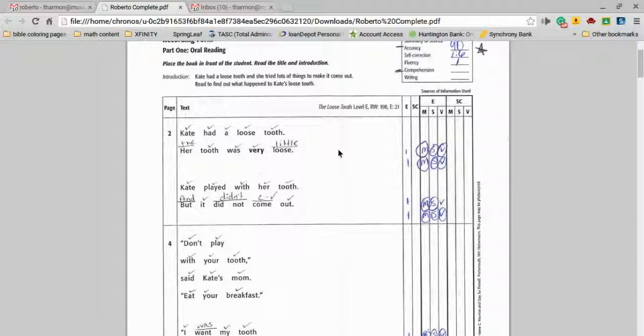So remember that when you are analyzing the miscue analysis, you want to mark first the error. So we are taking a look at Roberto's errors. And by each line, I mark a 1 by each error that Roberto has made. Or you might mark a 2.